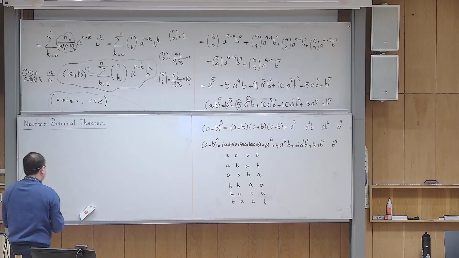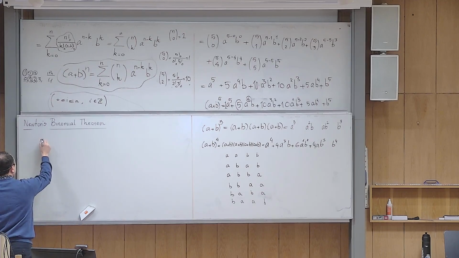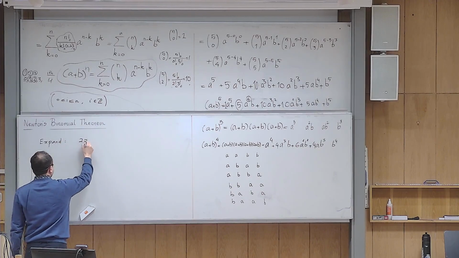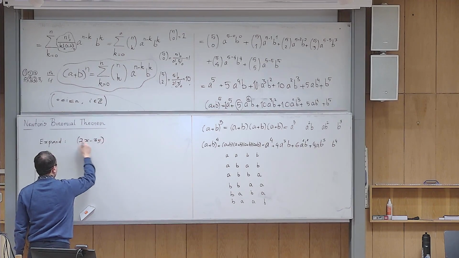For example, let us expand the following: (2x minus 3y) to the power of 4.